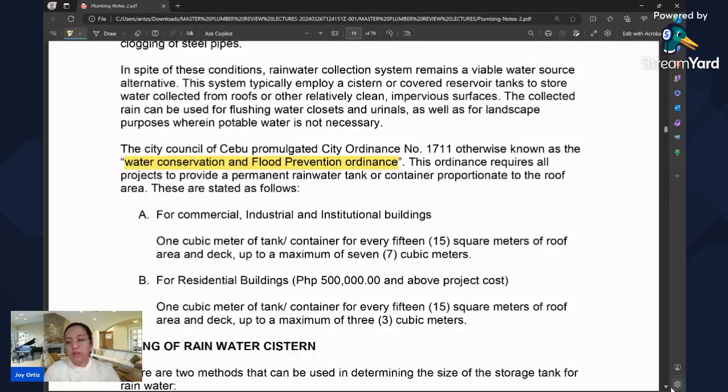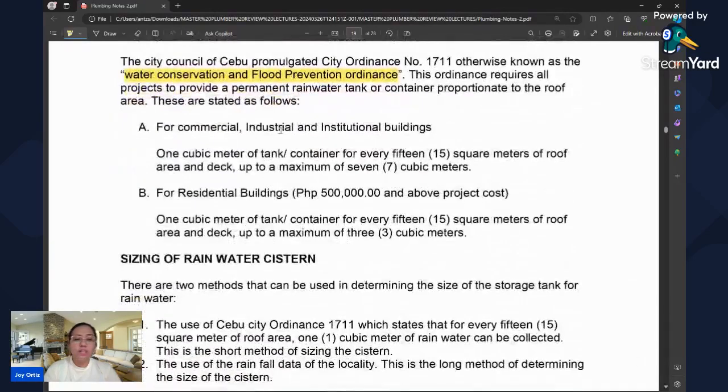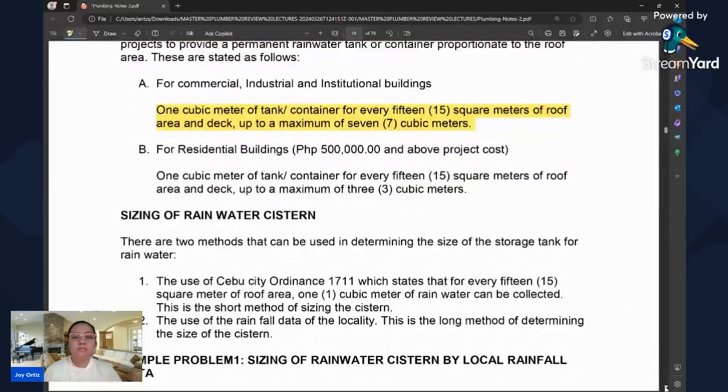And these are as follows. So for commercial, industrial, and institutional, kailangan ng 1 cubic meter tank container for every 15 square meters of roof deck area, up to a maximum of 7 cubic meters. So for residential buildings, it's 500,000 pesos and above cost. So kailangan ng 1 cubic meter of tank container for every 15 square meters.